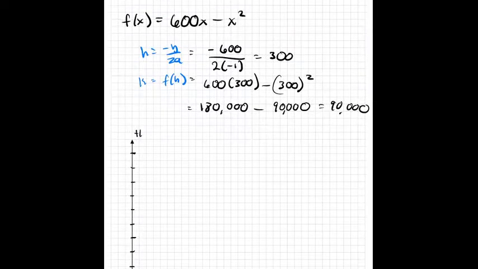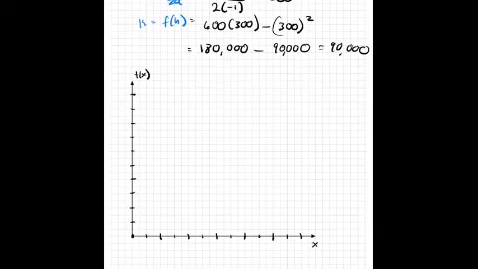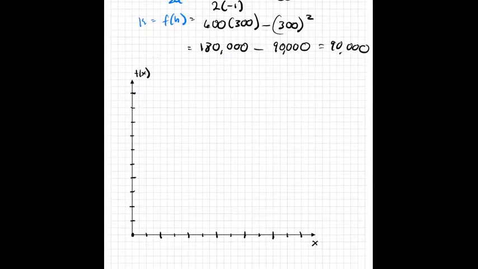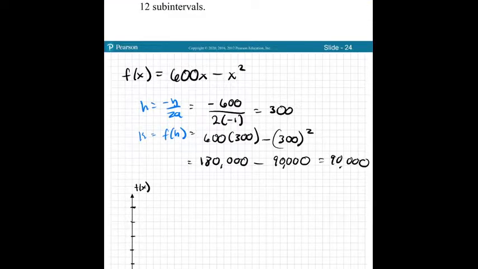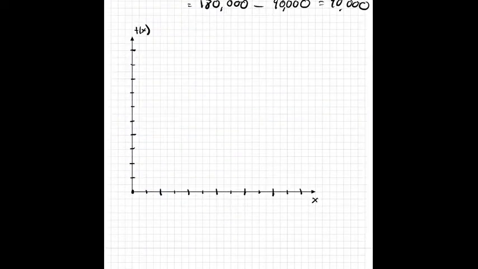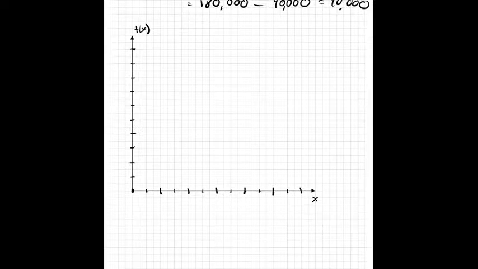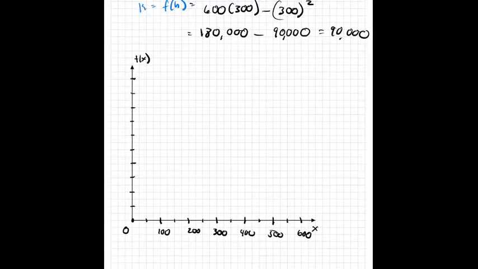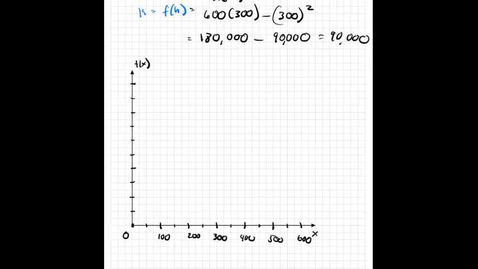Let's see, for x we went from 0 to 600. So this can be 0. We said this was 100, 200, 300, 400, 500, 600. And then on the y-axis, I'm going to do a shorthand.